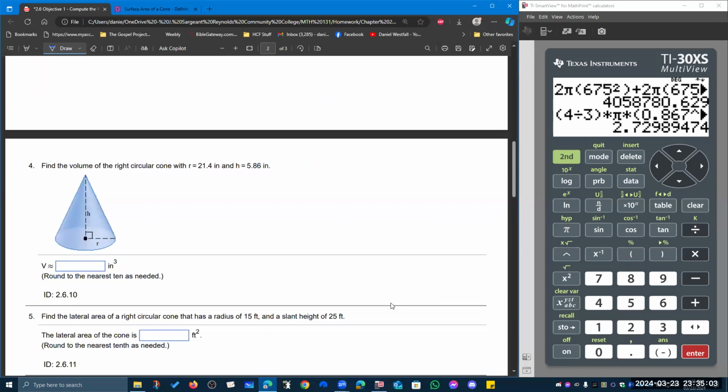The volume of a right circular cone is 1/3 pi r squared h. It's just 1/3 of the volume of a right circular cylinder.